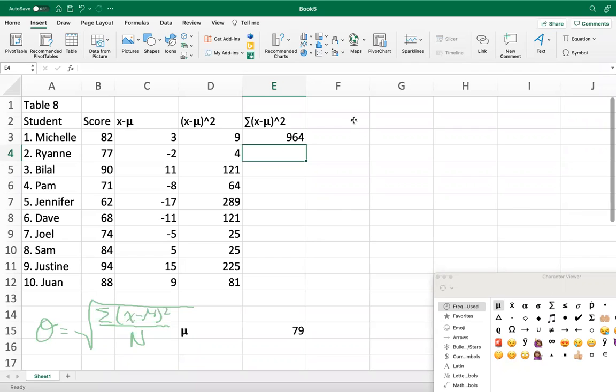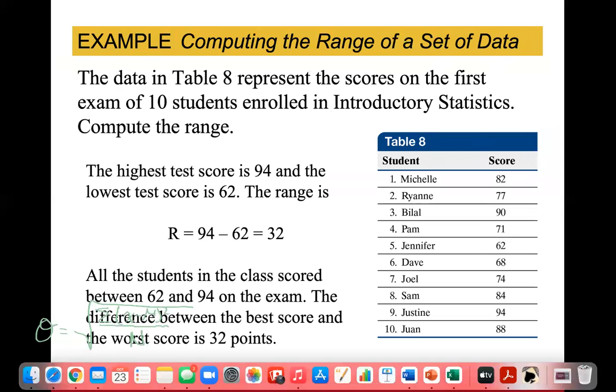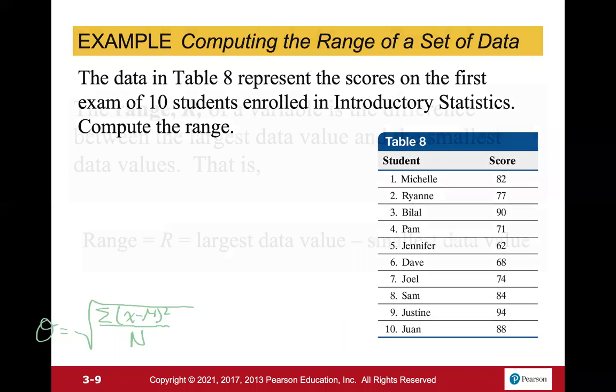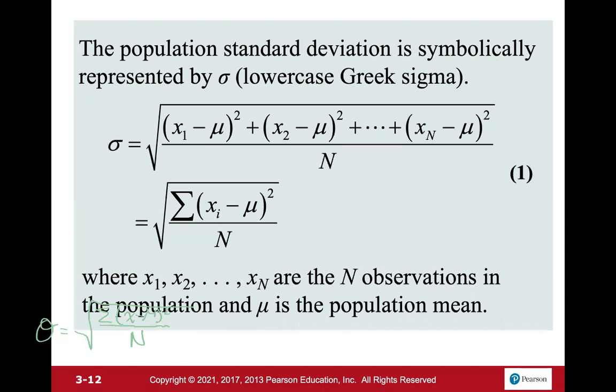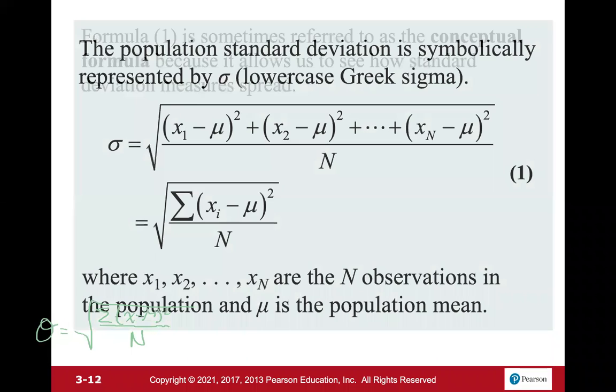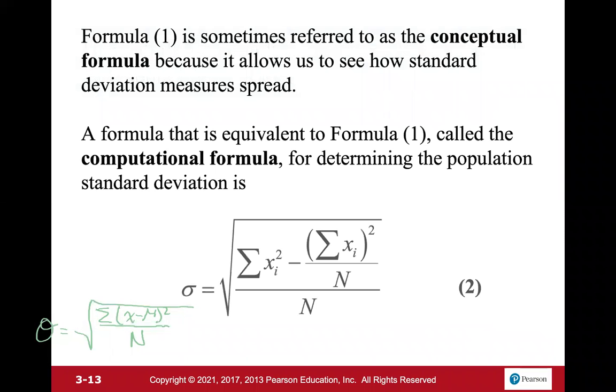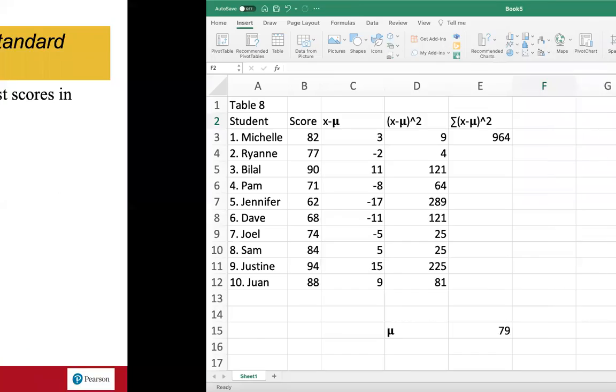So now the next value we're going to find is the inside part, and that actually would be our variance.